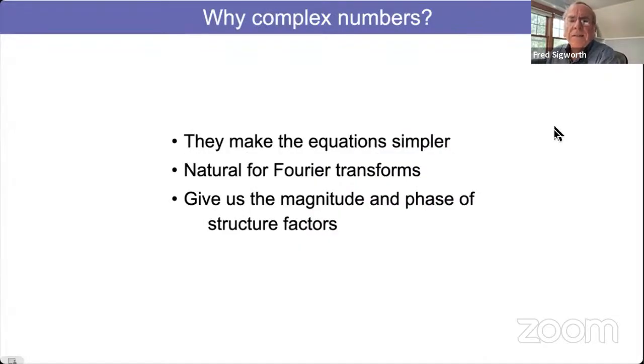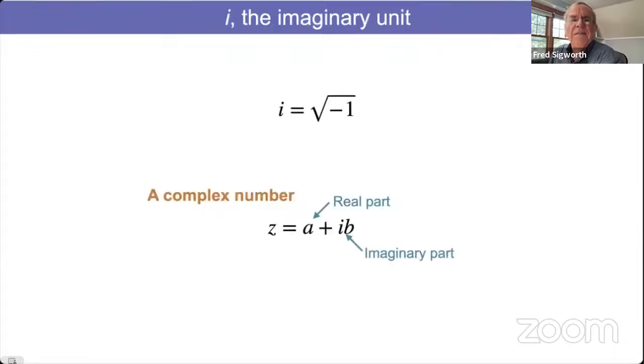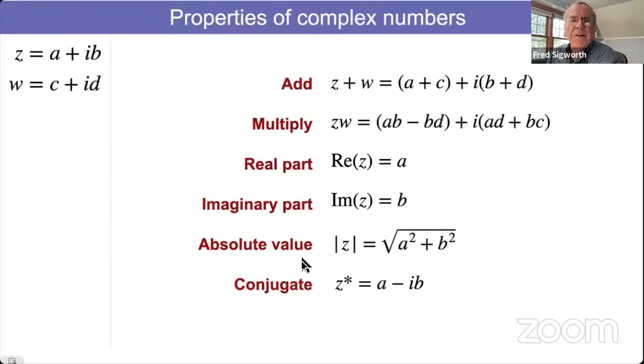So complex numbers, you probably remember them, and the reason we talk about them is that the equations are simpler, they're good for Fourier transforms, and everyone's using them for getting magnitude and phase of structure factors. So a complex number is based on the imaginary unit i, and a complex number has some mixture of an imaginary part and a real part.